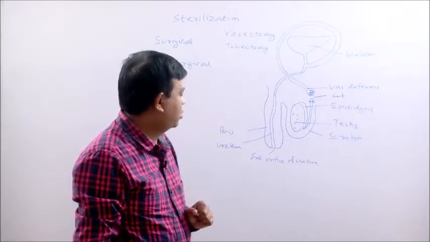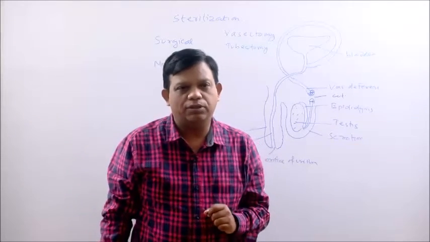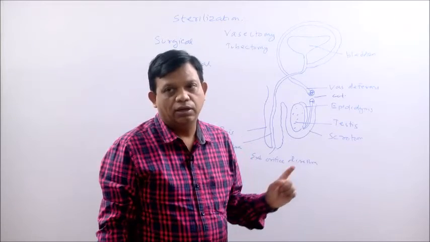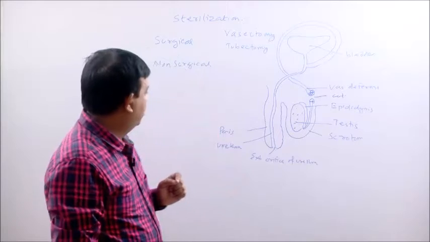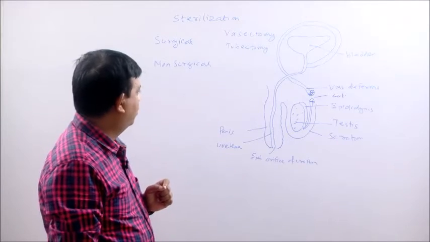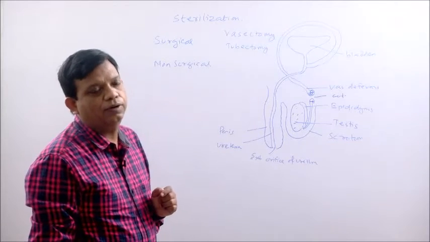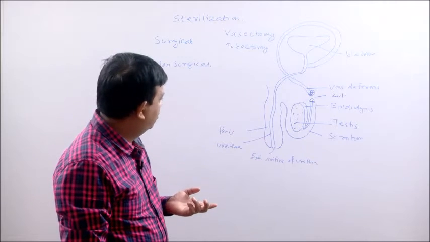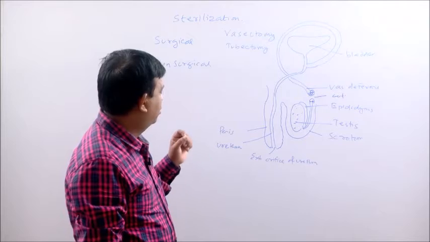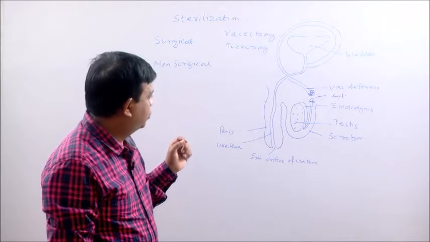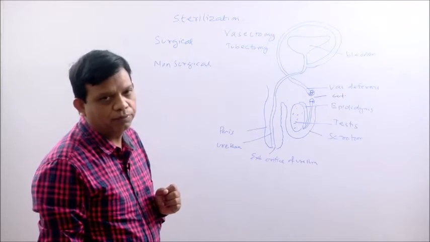Two incisions are made on either side of the scrotum to access the sperm carrying duct. Incision can be made with the help of scalpel or without incision. The sperm duct can be accessed through puncture with the help of special forceps.